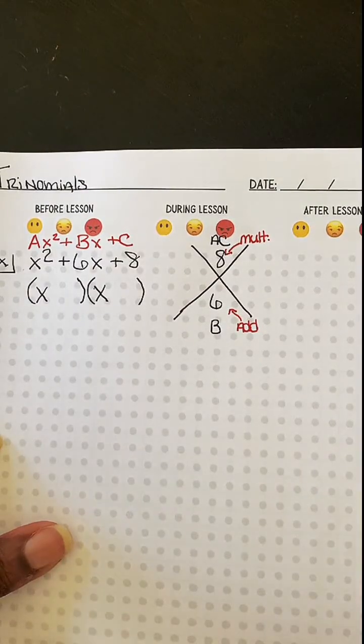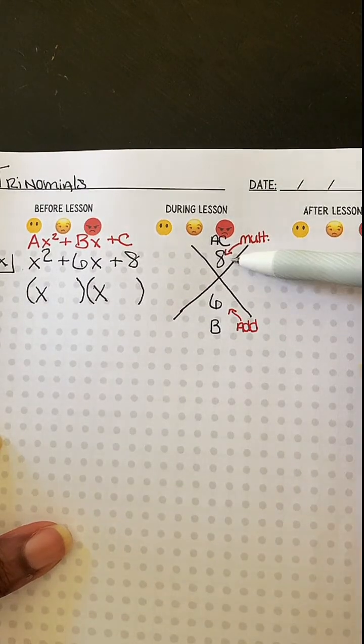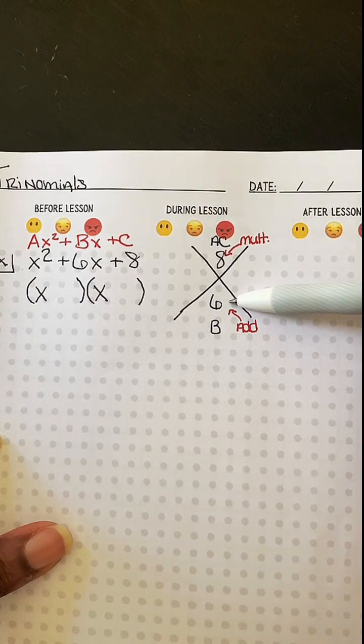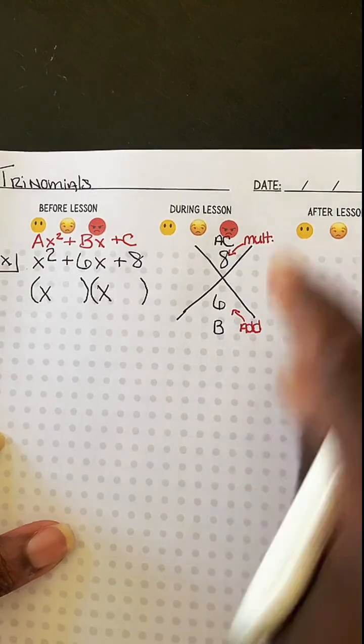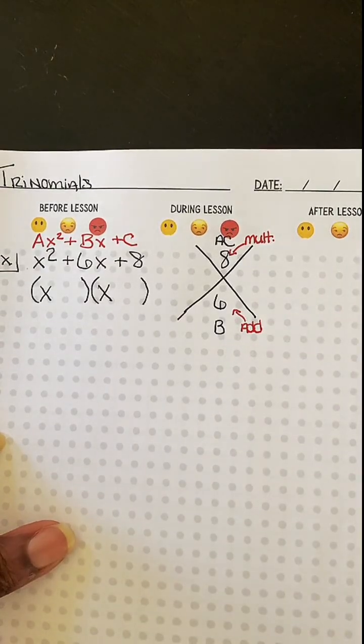So what are two numbers that multiply together to give me an 8 and add together to give me a 6? When it comes to factoring, do not blink.